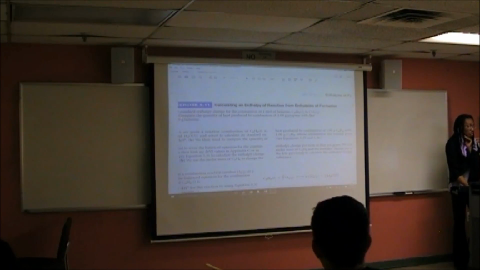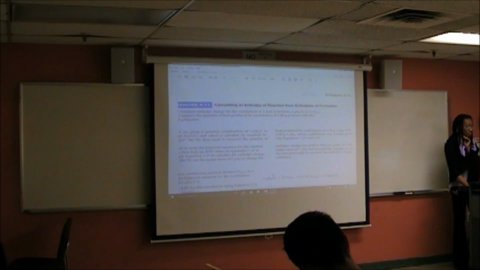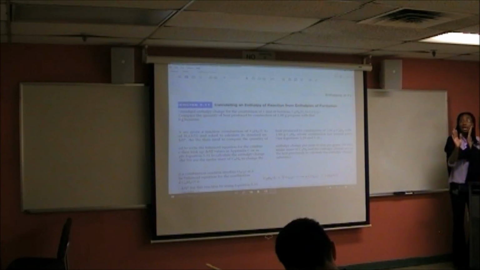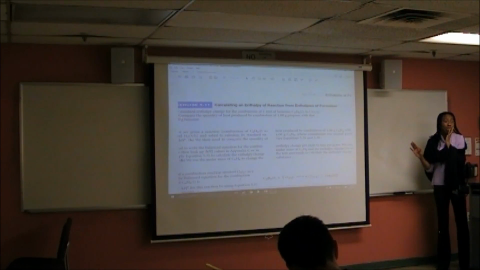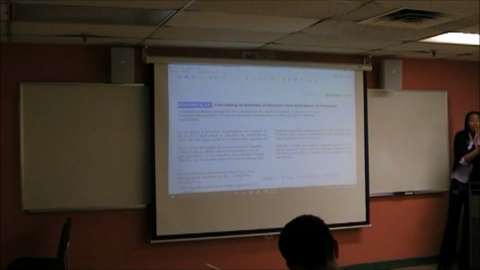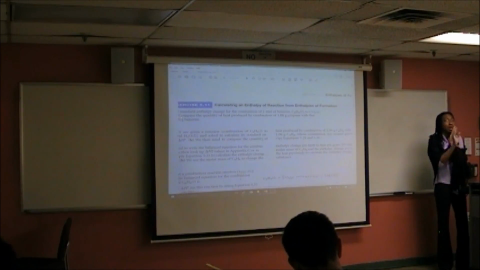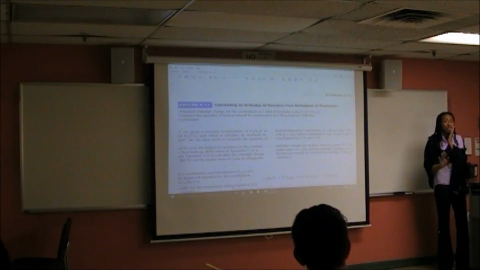So here's the equation. Now, this is the standard entropy of formation. This is not Hess's law anymore. This is the sum of the entropies times their coefficient of the products minus the sum of the entropies times the coefficient of the reactants.